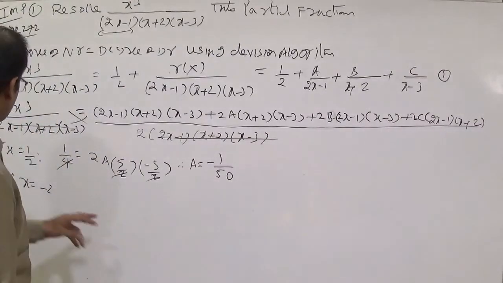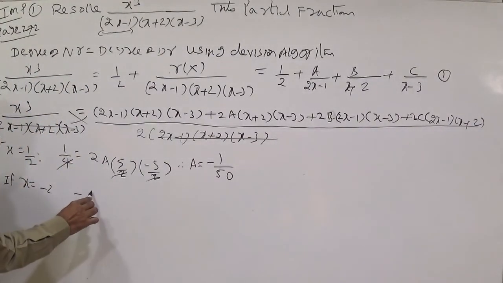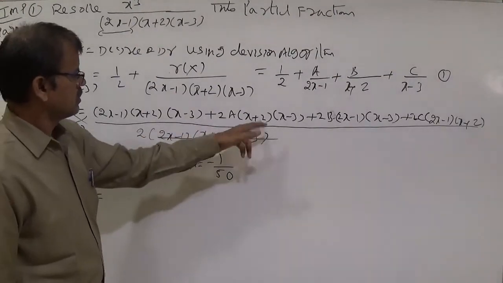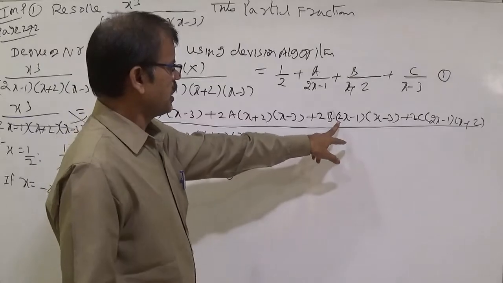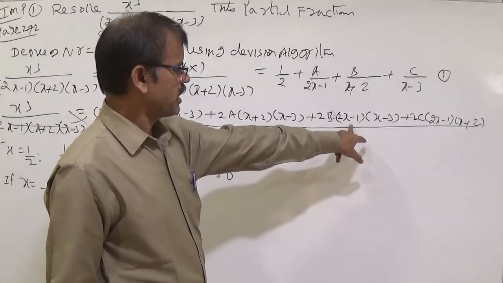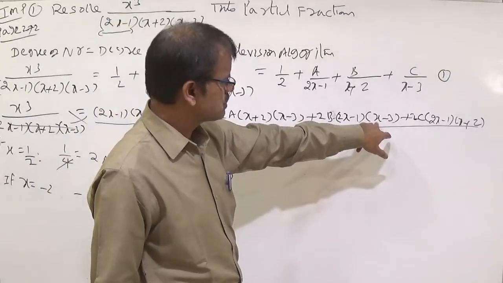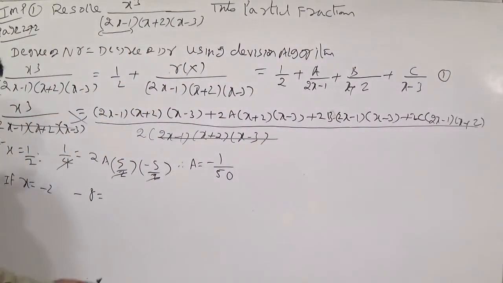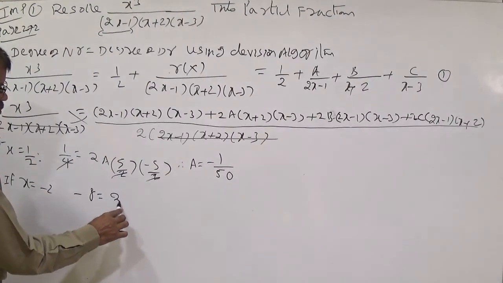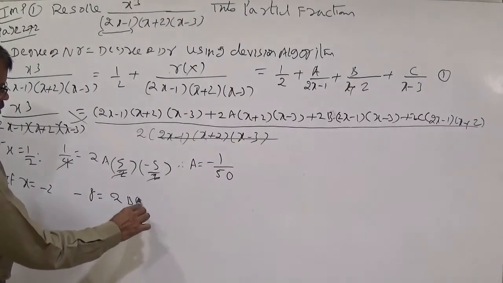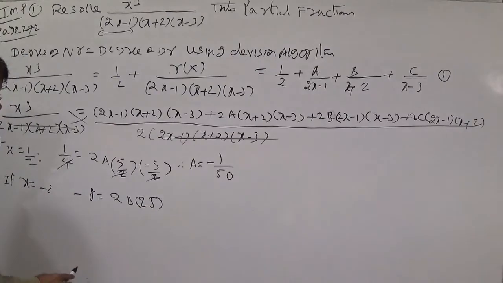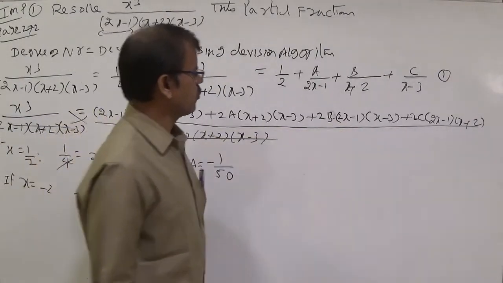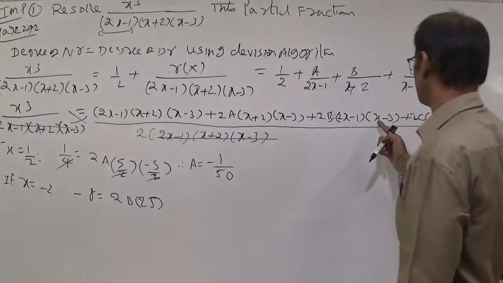Next, if x is equal to minus 2, here it is minus 8. Minus 8 is equal to 2a, this is 0, this is minus 2, minus 4, minus 1, minus 5. Minus 5 into, this is minus 2, minus 3, minus 5. So minus of minus 2 plus 5. 2b into 5, 2b into 25. 2b into, this is minus 4, minus 1, minus 5 and minus 2, minus 3.